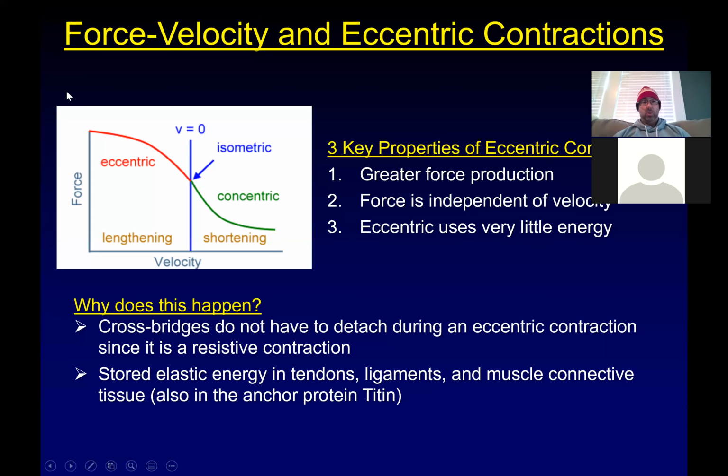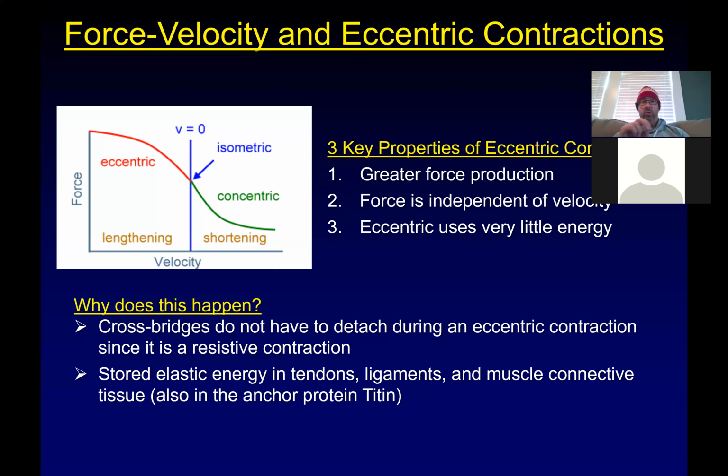Okay. What you will note is that as velocity goes up during eccentric contractions, force production does not go down. It actually increases a little bit, and then mostly levels off as we go faster and faster. So we talk about eccentric contractions in general as being that force is independent of velocity.